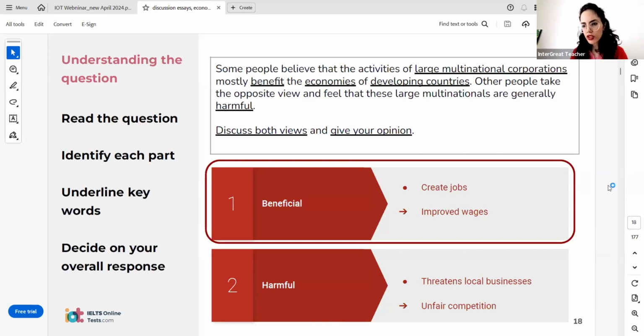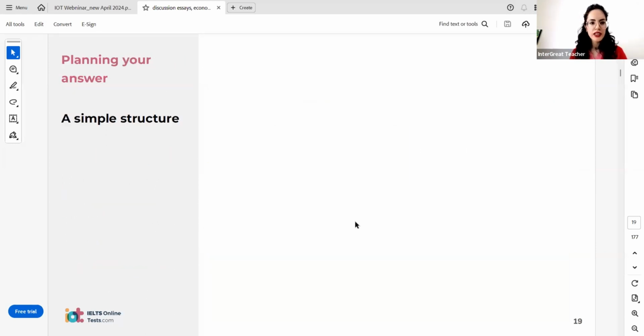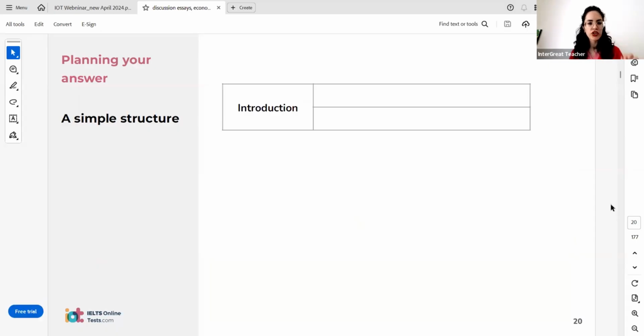Okay, so I told you that I'm going to give you a simple structure you guys can use to deal with discussion essays. Let's see what that is, but I'm going to write it with your help. So I need an introduction paragraph, but how do I start my introduction paragraph? Safia, corporation means big companies.